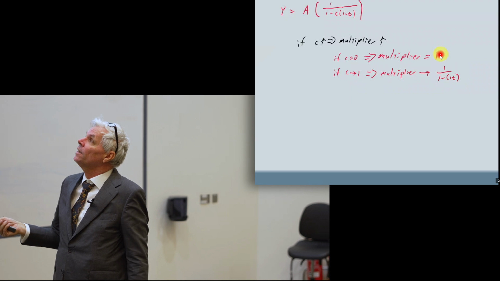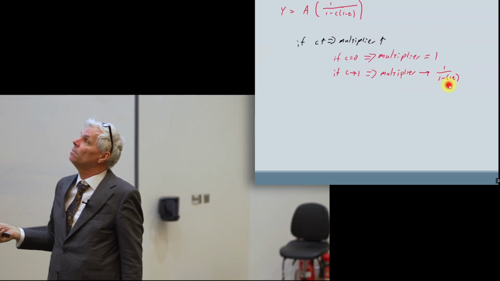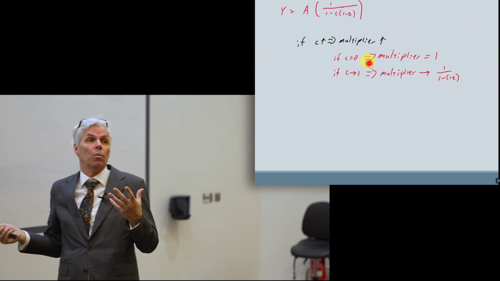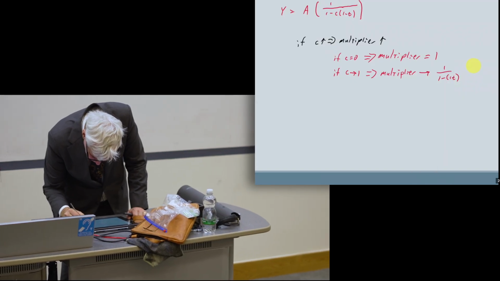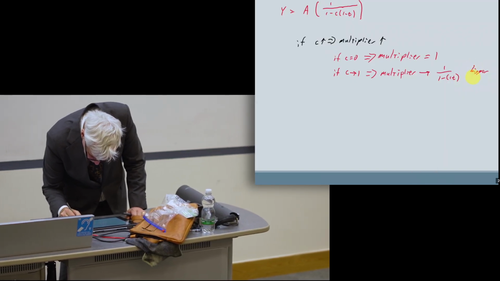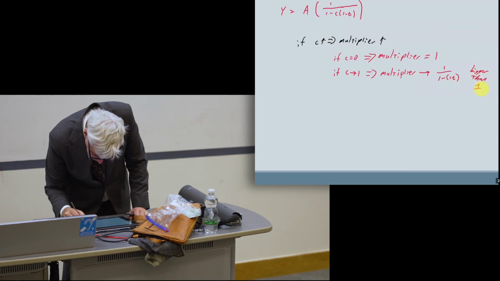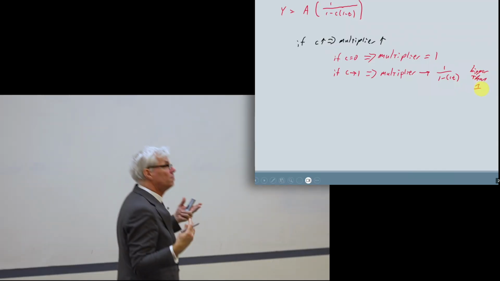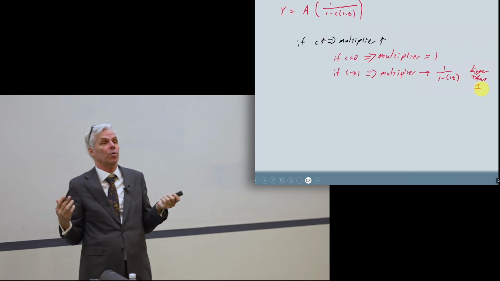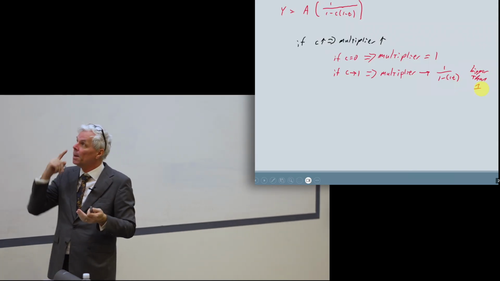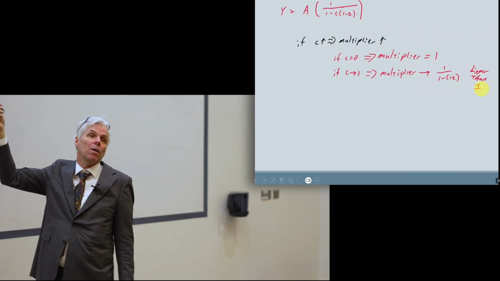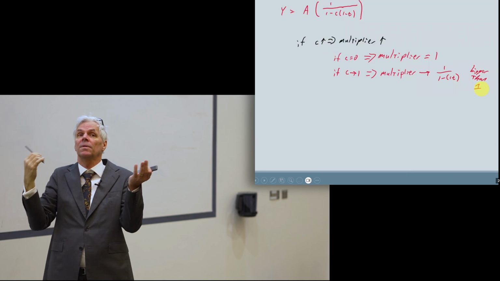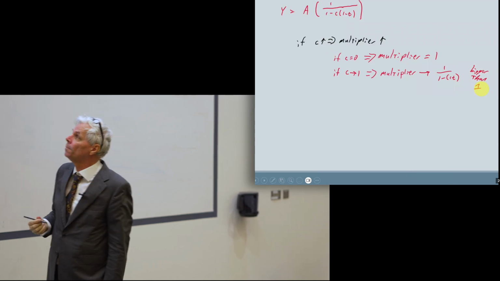And this is 1 over a fraction, and so that's going to be bigger than 1. That's the same as it was before in our other formula. With the simpler formula, we multiplied not by 1 minus taxes, but just by 1, because there was no marginal tax rate at all.